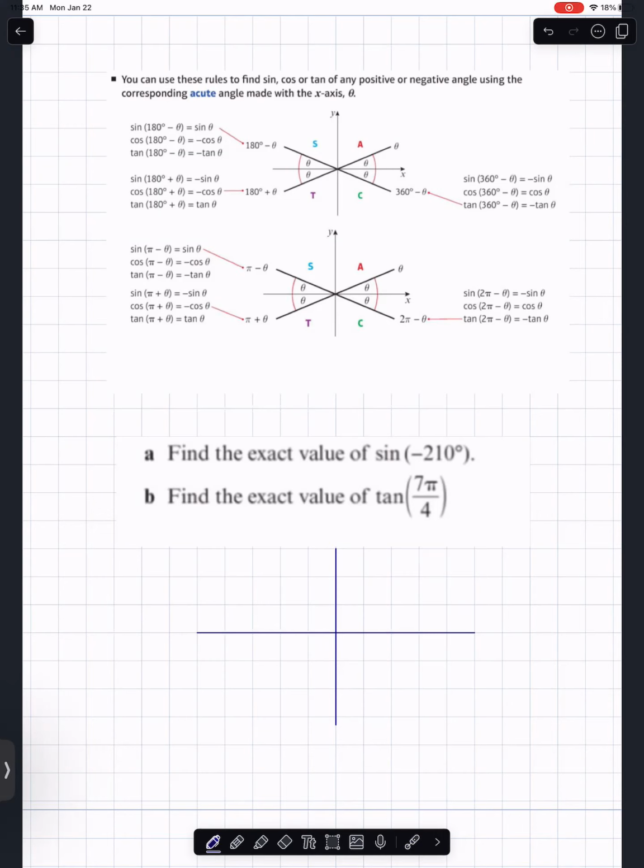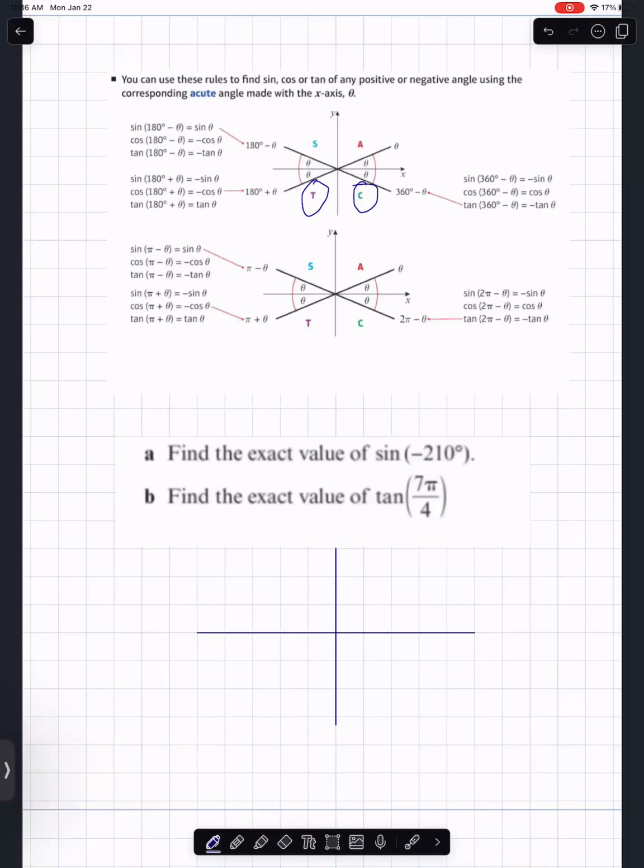So we said cos of 180 minus theta will give us a negative cos. Then we have sine of 180 plus theta, which is what? A negative sine theta. So what angles do we have on that? Sine is negative where? On your third quadrant and on your fourth quadrant.